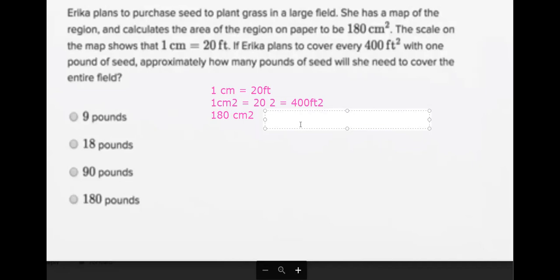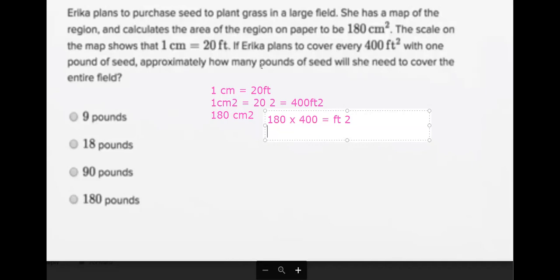So the area of the region on paper is 180 centimeter square. Since 1 centimeter square is equal to 400 feet square, 180 would be multiplied by 400 in order to calculate the total number of feet square. I won't be doing the complete calculation because I want to simplify this, so you just leave your answer as 180 multiplied by 400.